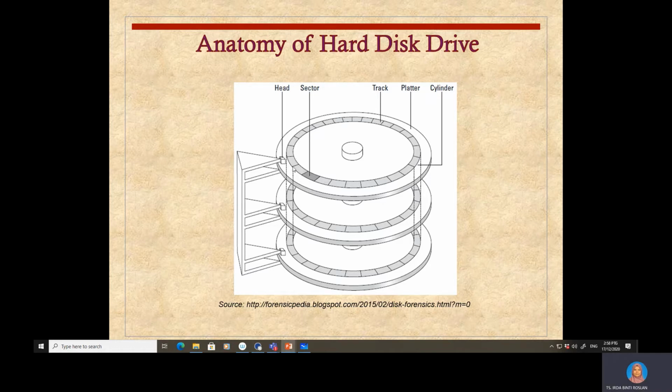One track can consist of many sectors on a platter.